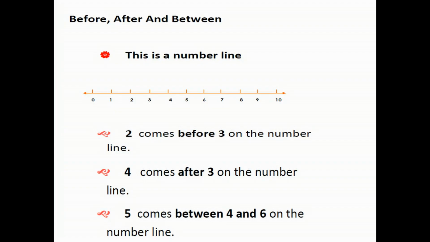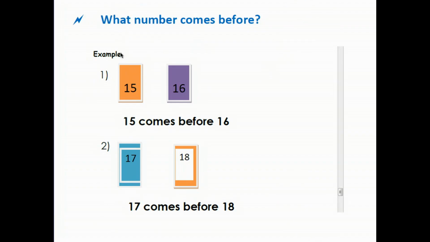Again, here is another example. What numbers come before? Here you have 15 and 16. So 15 comes before 16, or you can say 16 comes after 15. The second one, you have 17 and 18.